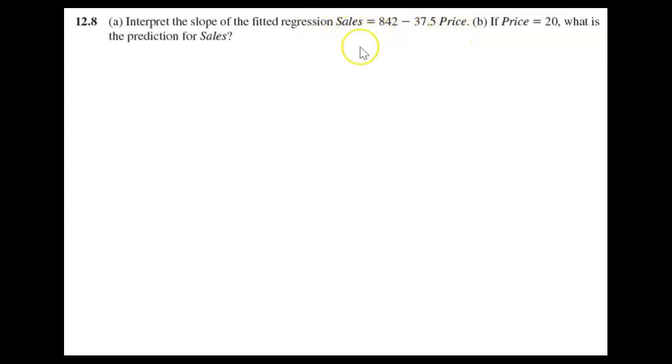So interpret that variable using the quantitative measures here, and then make a prediction for when price is equal to 0. What is the prediction for sales? And the printed version of these notes will have the answers.